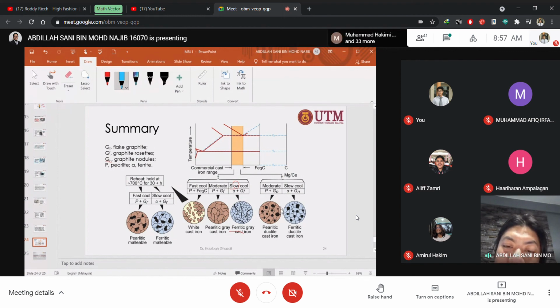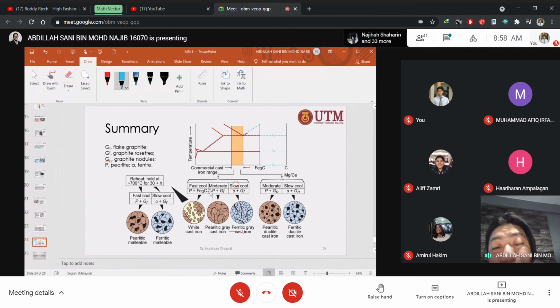If you don't add any magnesium or cerium, then you will have the option of these three depending on the cooling rate. If it is fast enough, it will not form any graphitic carbon. Rather, it will form cementite.